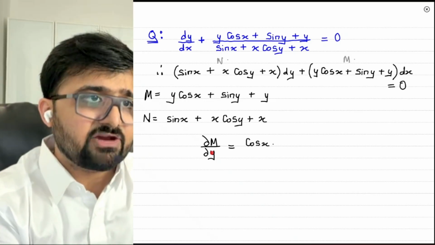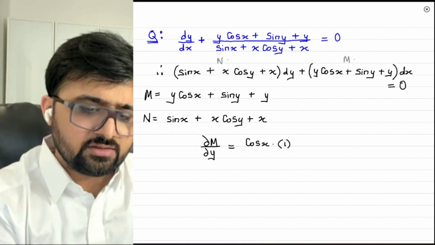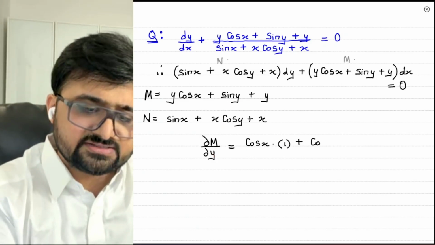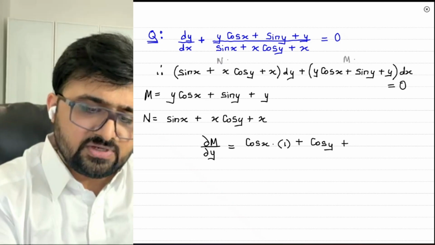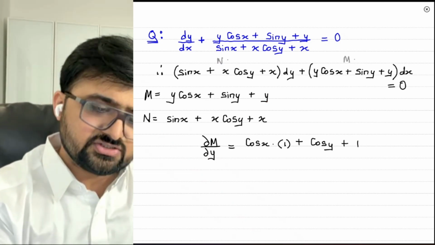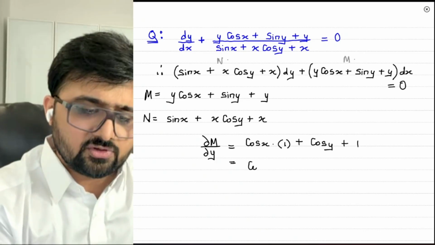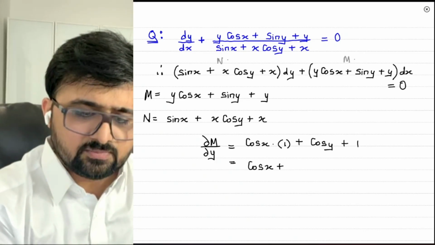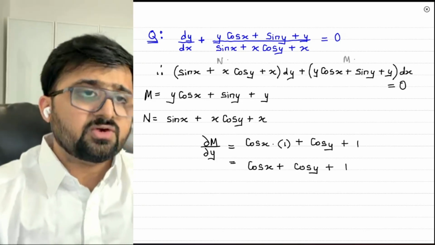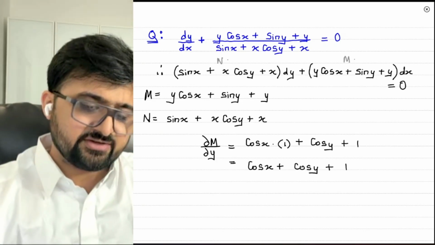The derivative of y with respect to y is 1, plus the derivative of sin y with respect to y is cos y, plus the derivative of y with respect to y is again 1. So essentially you have cos x plus cos y plus 1. Okay, that's the partial derivative that you have.